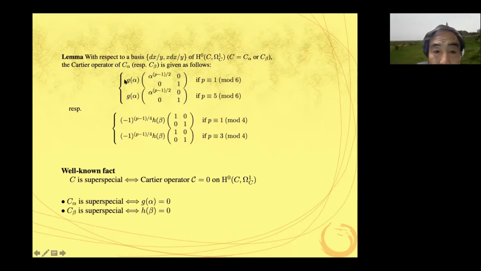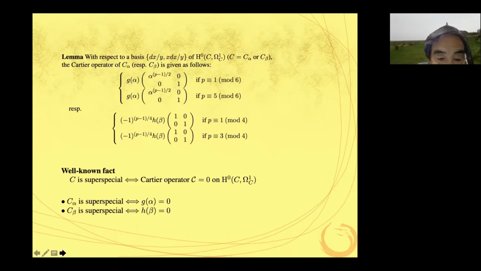So when this matrix is 0, if and only if G alpha is 0. So C alpha is superspecial if and only if G alpha equals 0. And also C beta is superspecial if and only if H beta is 0.